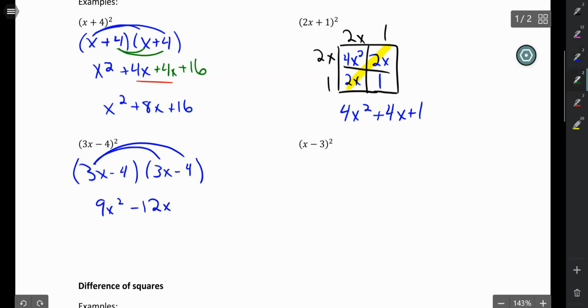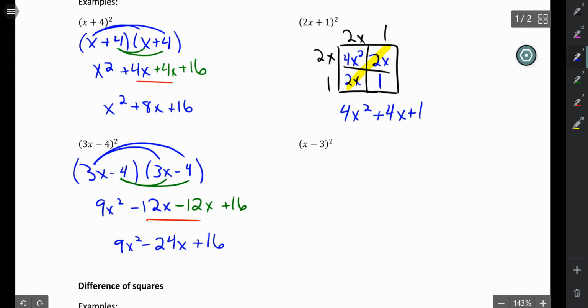And then here's our double, another negative 12x. See how we end up getting 2 of those? And then plus 16. Take those like terms in the middle, add them together. I get 9x squared minus 24x plus 16.